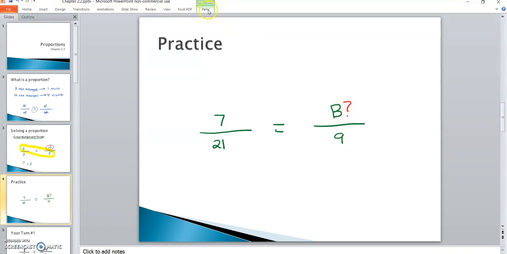So what I want you to do is cross multiply and divide. So I want you to figure out which two numbers you're going to have to cross multiply. So go ahead and pause this video, write down the question, and then circle the two numbers that are diagonal from each other.